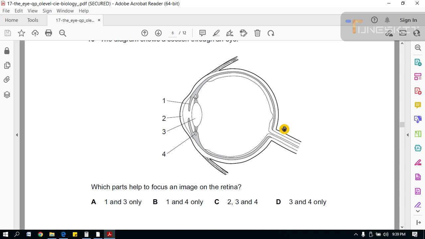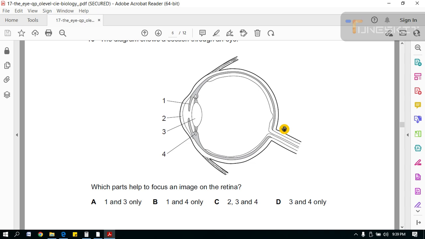3. It means 1 and 3. These are the two structures involved in focusing an image on the retina, right? So 1 and 3 only in this case. What about 1 and 4? 4 is not very directly involved.